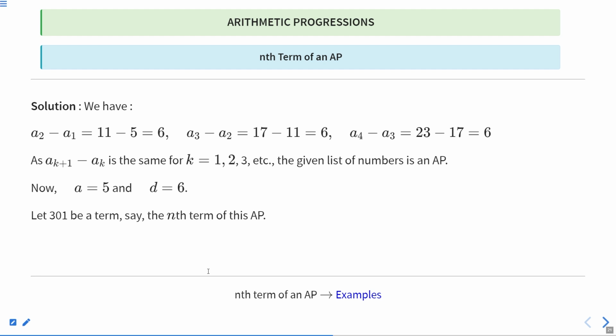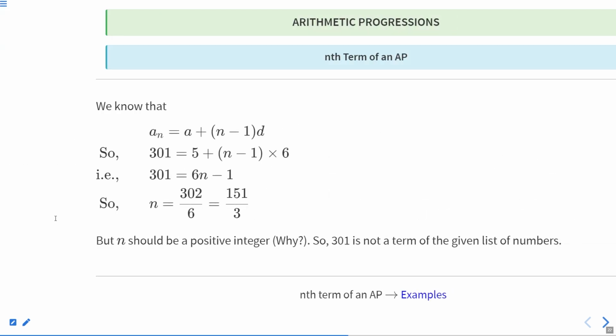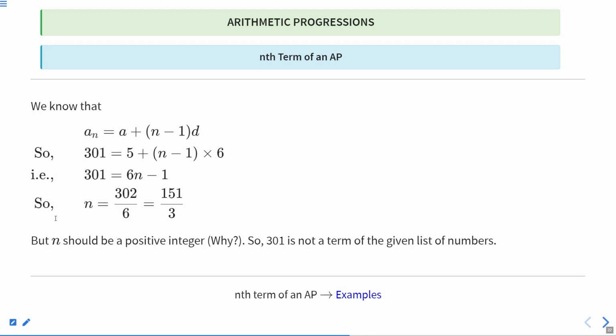Now here the first term A is equal to 5 and the common difference D is equal to 6. Let 301 be the nth term of the AP. We know that the nth term of an AP, an, is equal to a plus n minus 1 times common difference d.